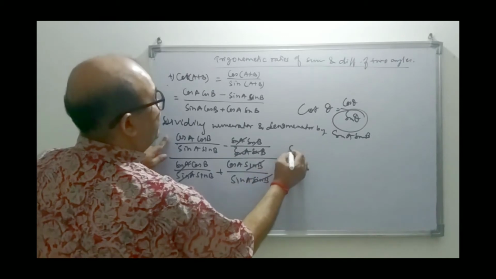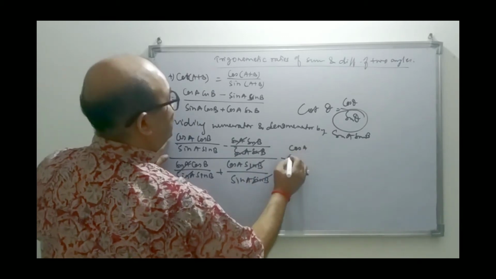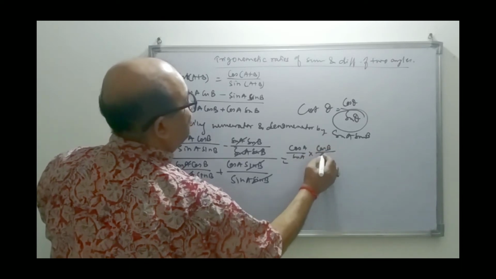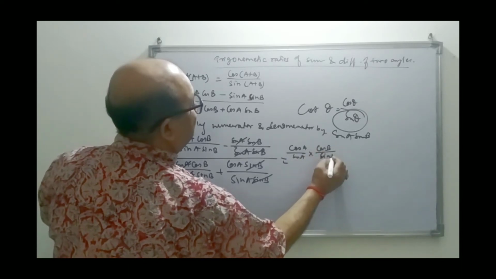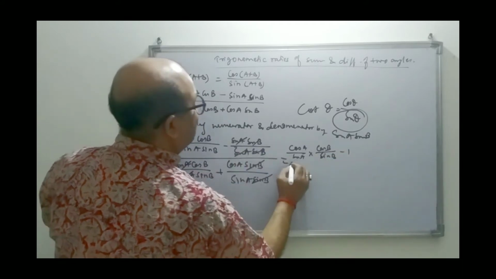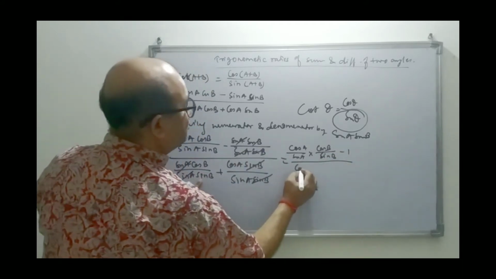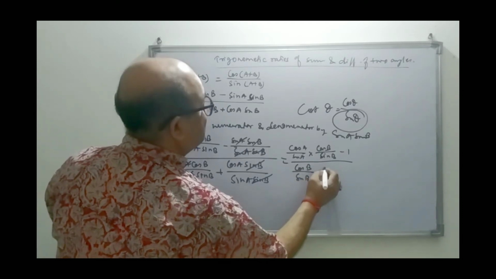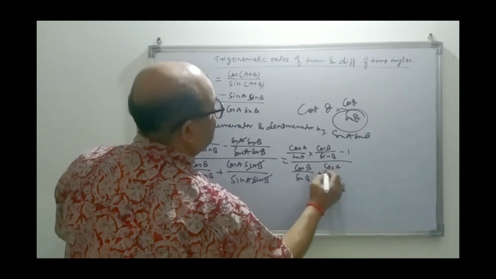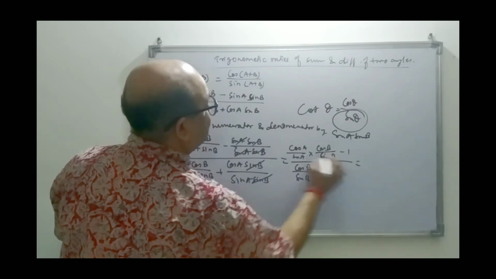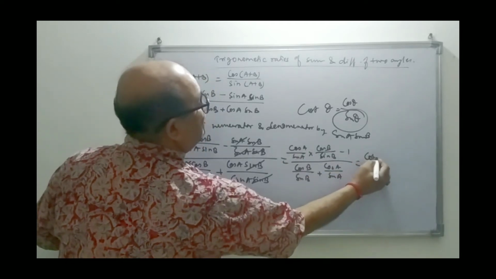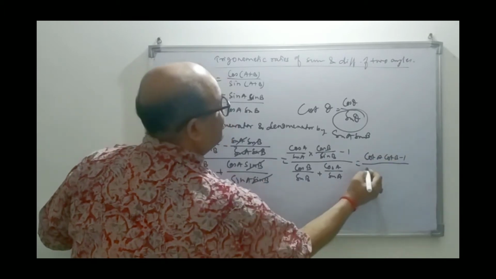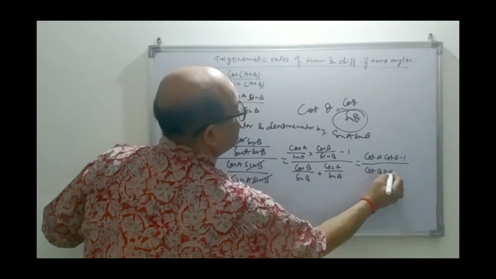I get cos A by sin A into cos B upon sin B minus 1, over cos B upon sin B plus cos A upon sin A. That is equal to cot A cot B minus 1 upon cot B plus cot A.